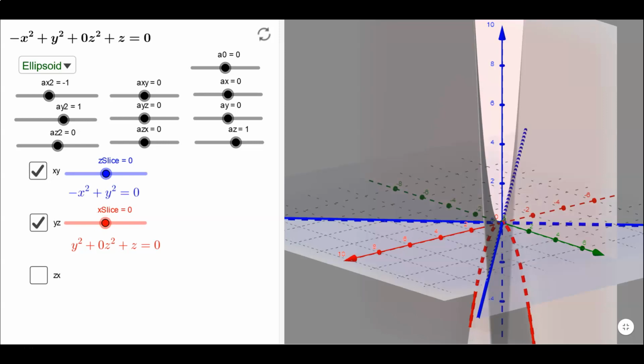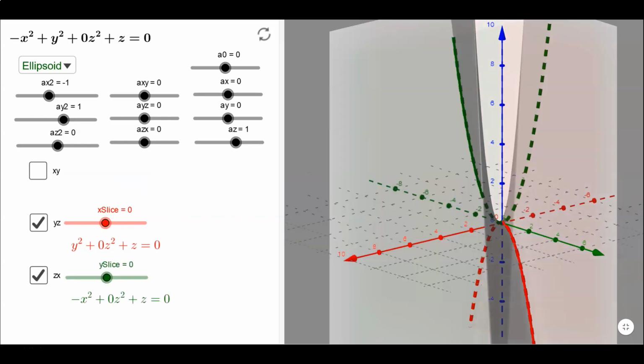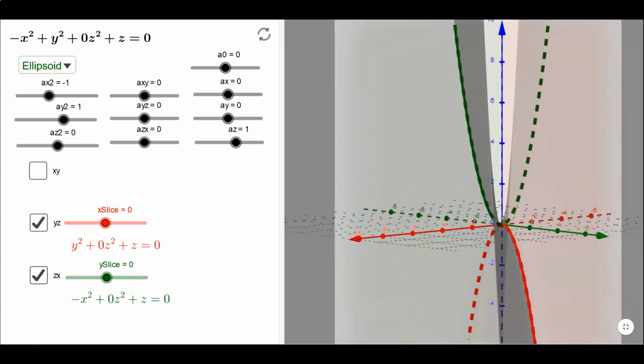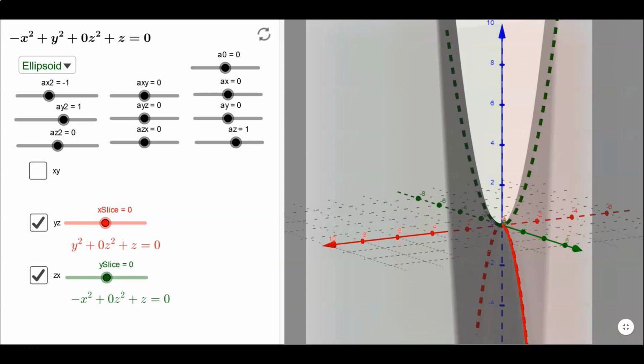So you've got two parabolas meeting there at the origin. If you're looking at the function from one direction, it looks like it has a minimum value, but if you look at it in the other perpendicular direction, it looks like it has a maximum value. That's what we mean by saddle point. That's the nature of a saddle point, is that it has a maximum one way and a minimum the other.